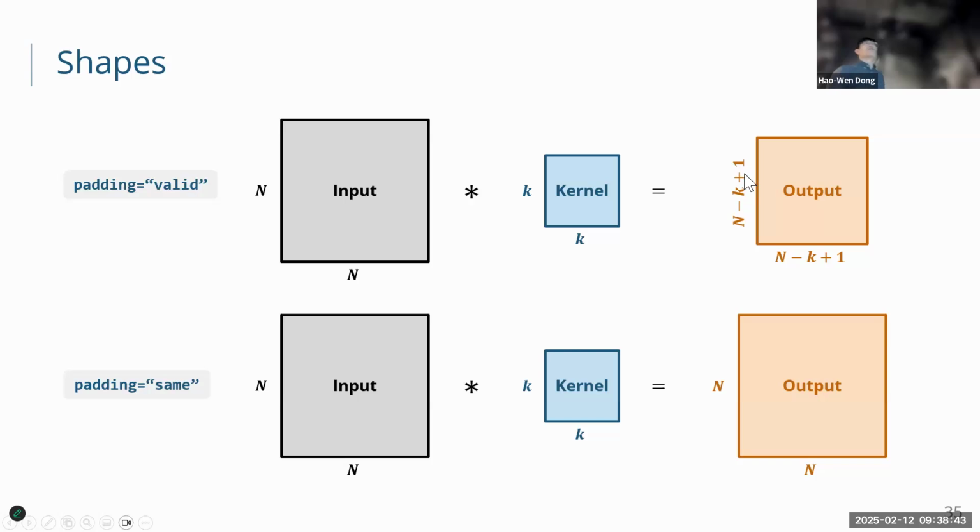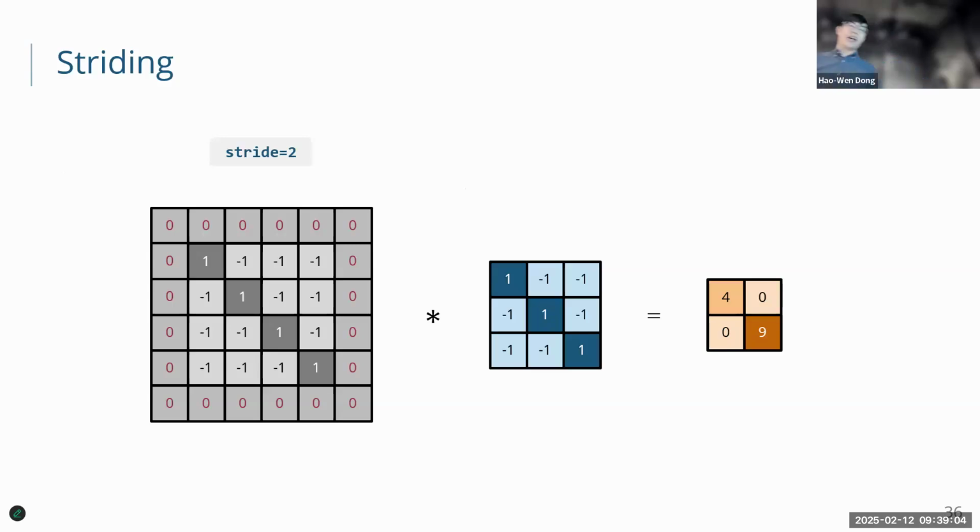Generally, what you need to know is that with padding equals valid you will shrink your image, and with padding equals same you won't shrink it.